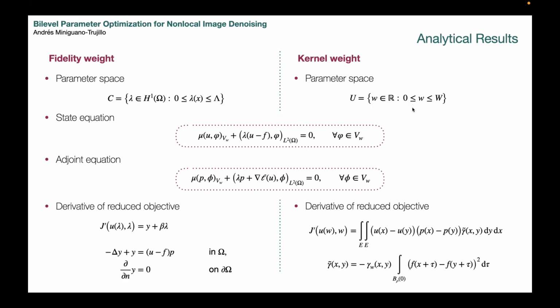Both the adjoint and the state equations are shared between the two models, but the derivatives of the reduced objectives are quite different. In the case of the fidelity weight, we have to solve a PDE, while in the case of the kernel weight, we only have to apply some sort of non-local dot product, where the kernel is basically based on the original kernel that we had before.